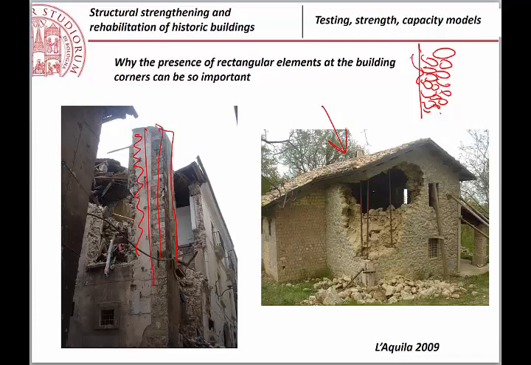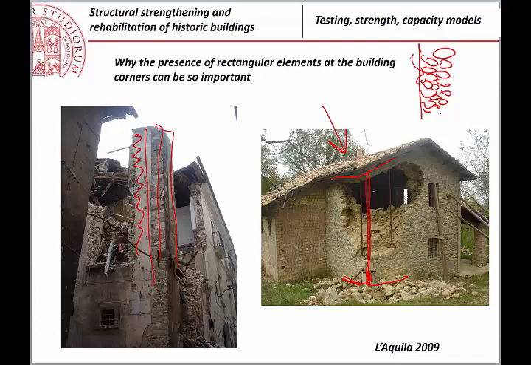So they just closed the layers of mortar with a new mortar, but inside the quality was very, very poor, and especially in the corner it was very, very poor, so that every time, if you don't have any good realization, the corner is, of course, a weak point for the building.